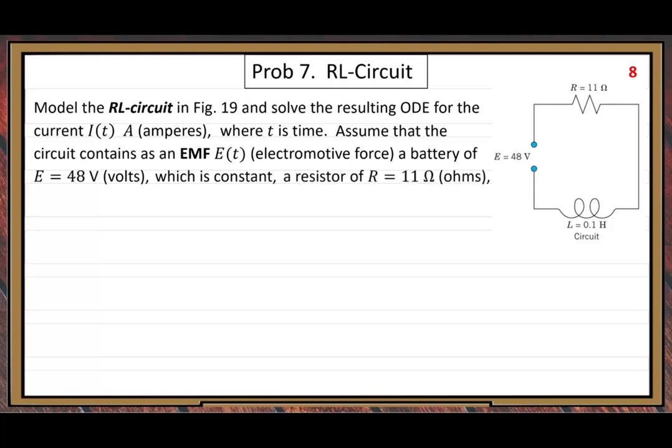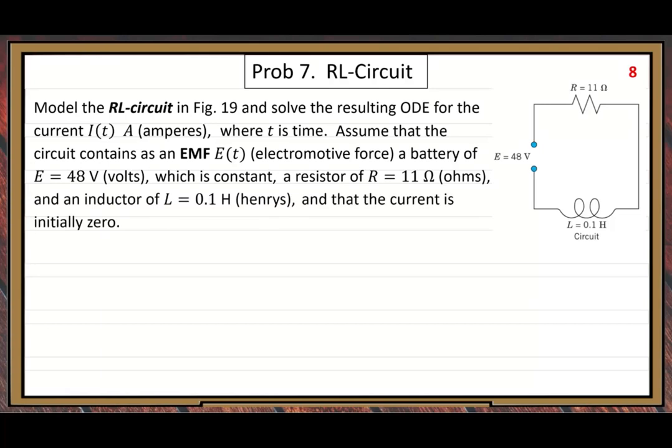Then the current is initially 0. At the beginning, our initial condition, when t equals 0, I of 0 equals 0 A, the unit A. Then, under the given information, now we want to calculate the formula for that I of t, based on the physics laws.